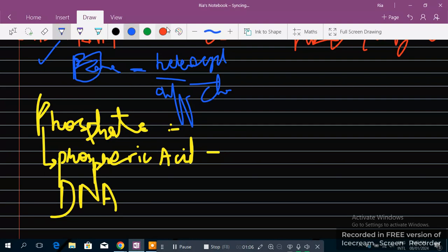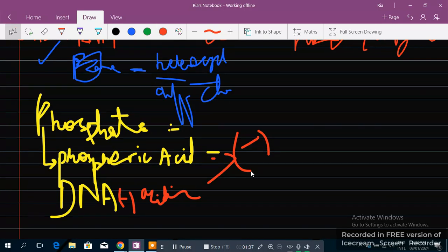Just think it. So DNA is acidic, that is shown with the negative sign. Phosphoric acid is what gives it a negative charge, so it acts like a negative. This means the negative charge to DNA is given by phosphate or phosphoric acid.